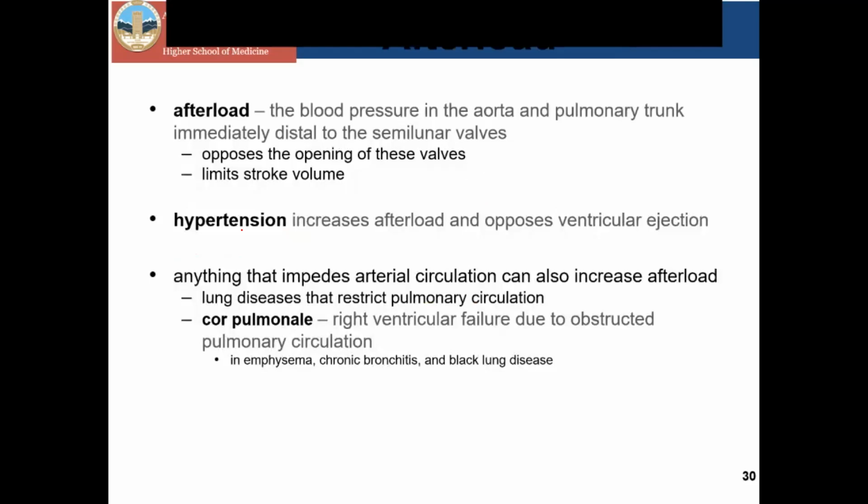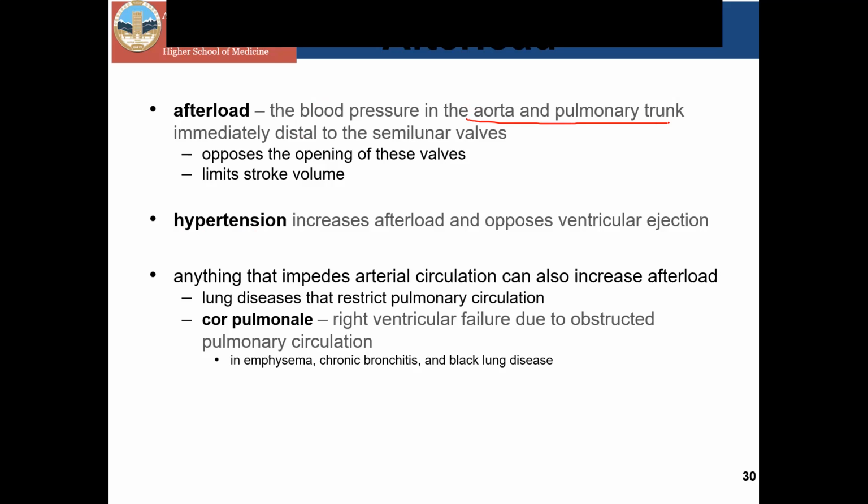And the last one is afterload. Afterload is the blood pressure in the aorta and pulmonary trunk immediately distal to the semilunar valves. It opposes the opening of the valves and limits stroke volume. It means it's the pressure inside the aorta and pulmonary trunk.